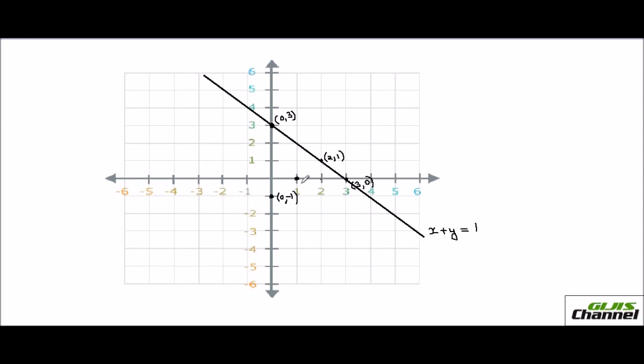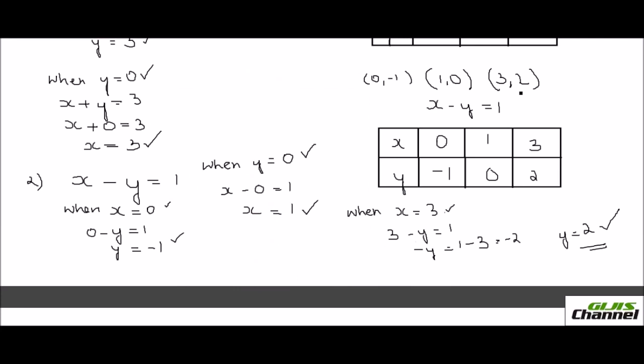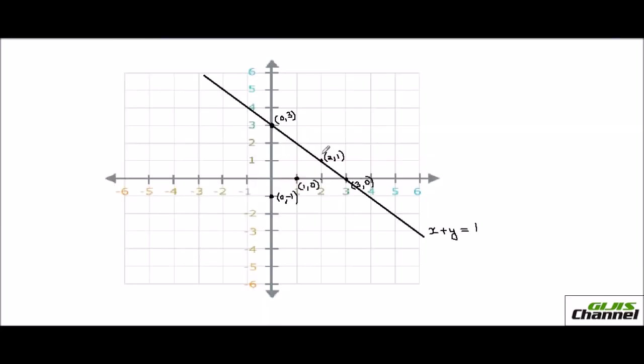So this is (1, 0). Okay. And finally, the next one you had was (3, 2). Let's plot that too. So when x is 3, your y is 2. So that is here. That's (3, 2).